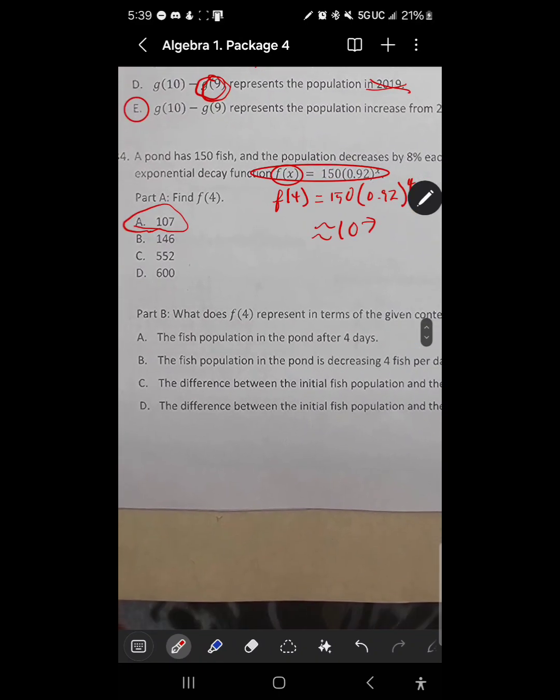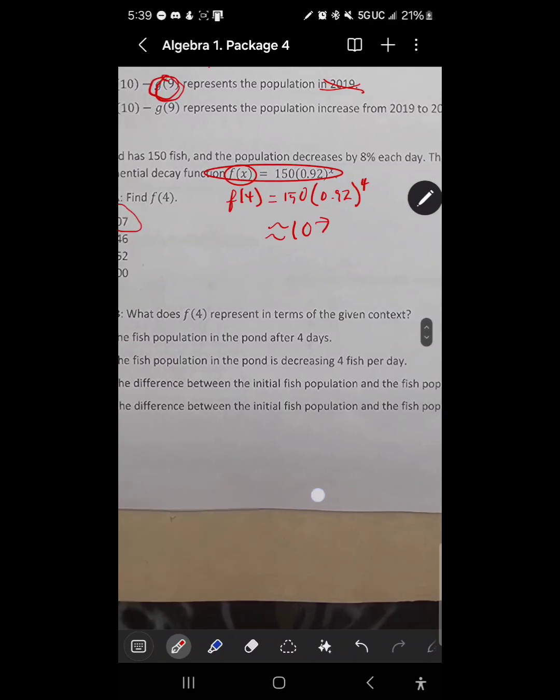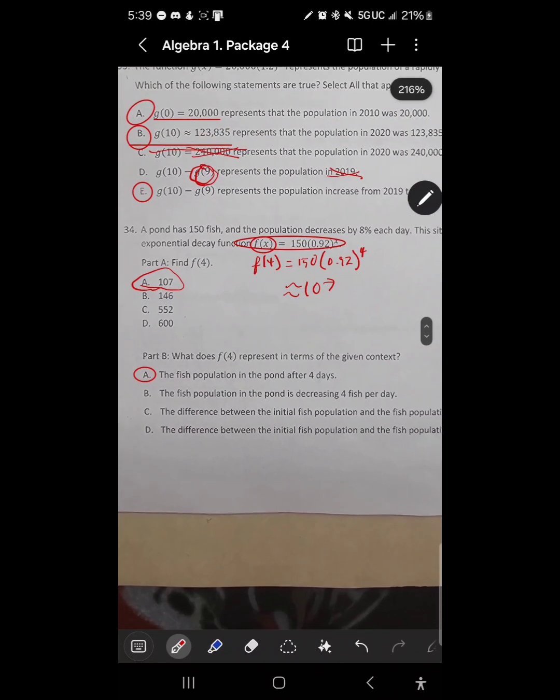The fish population in the pond after 4 days. That's just what I said. Let me read the others, but I like this one. The fish population in the pond is decreasing by 4 fish per day. No, that has nothing to do with it.